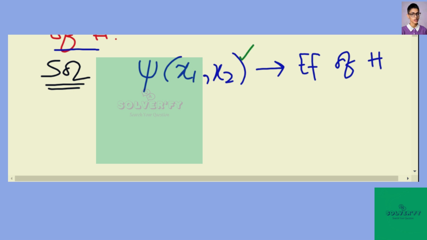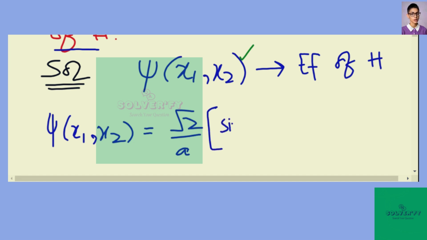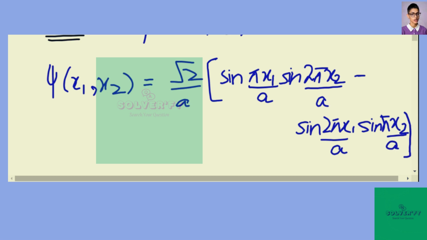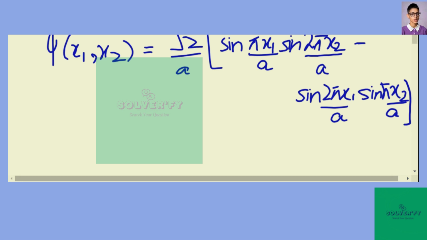So this function's equation would be something like this: ψ(x1, x2) is equal to root 2 divided by a, times sine pi x1 divided by a, sine 2 pi x2 divided by a, and negative, since I am running out of space over here, I'm going to write it in the next line, sine 2 pi x1 divided by a and sine pi x2 divided by a. Now we need to find this Hamiltonian.